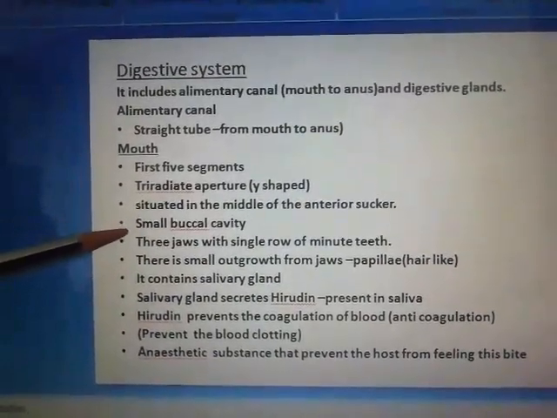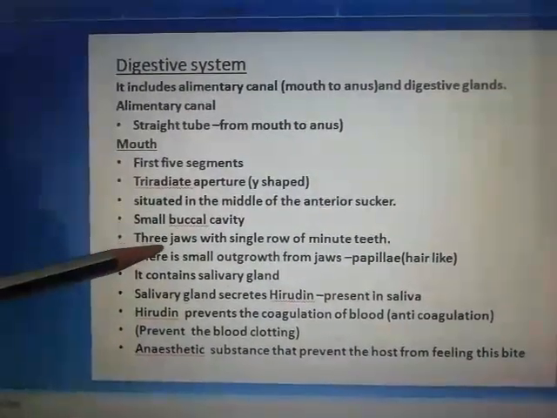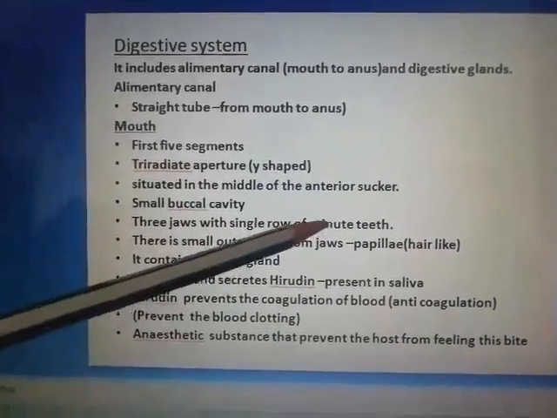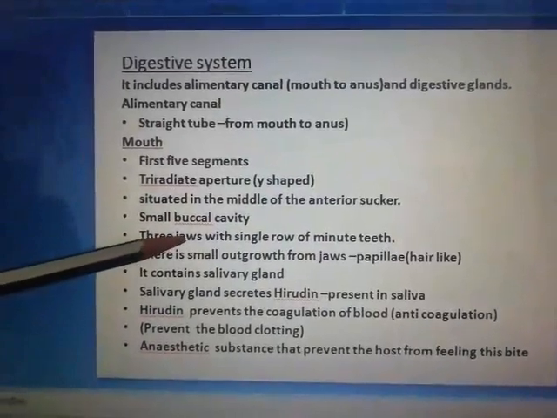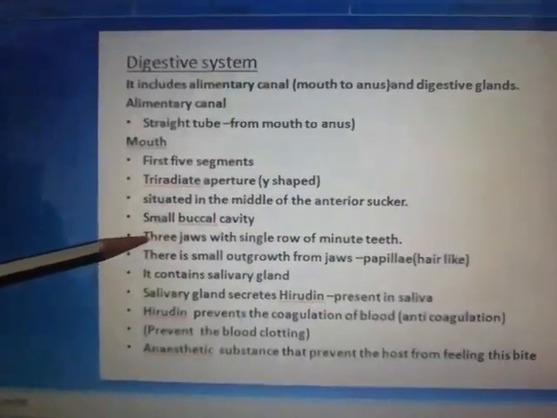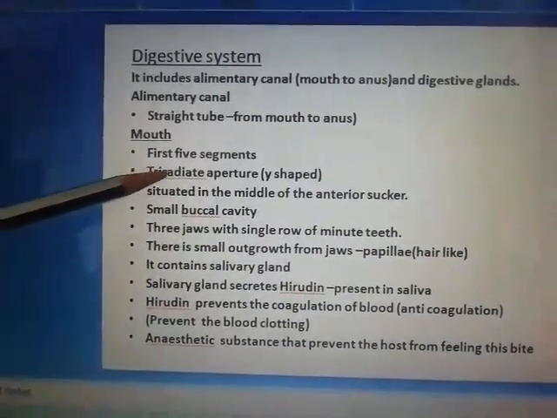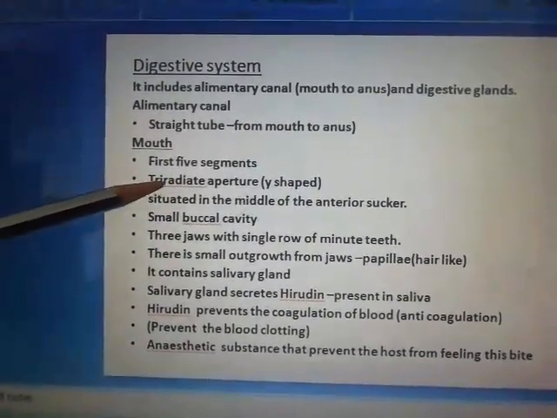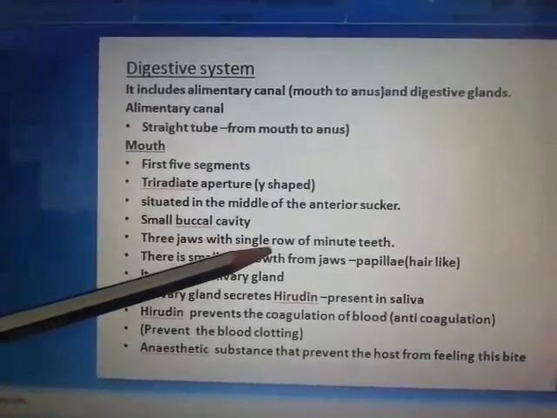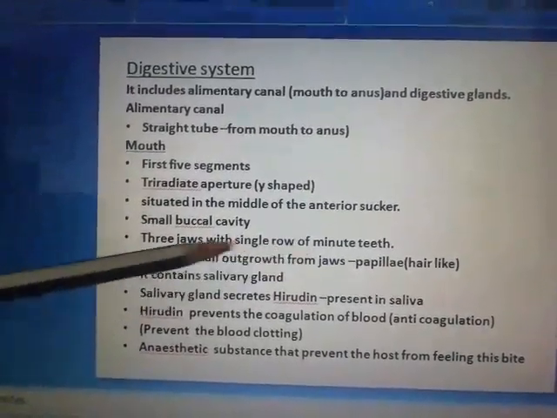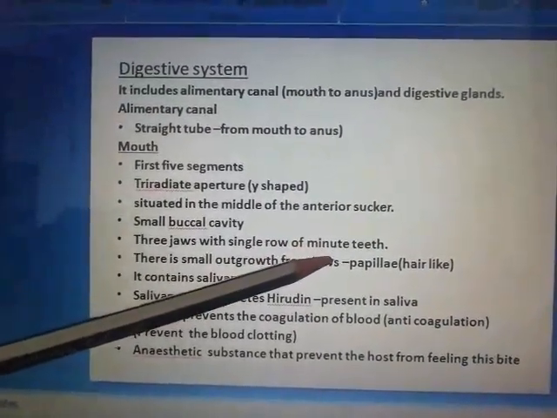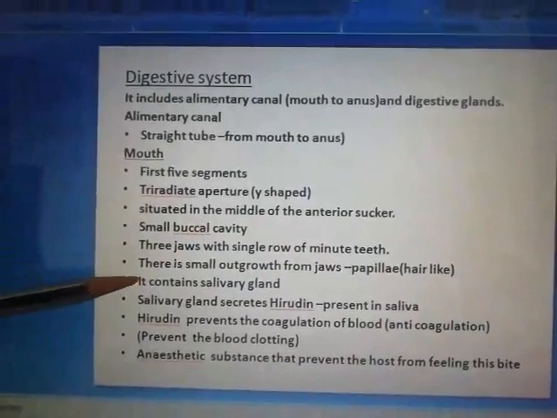In that buccal cavity there are 3 jaws with a single row of minute teeth, whereas for us there are 2 jaws, upper and lower jaws. That is why it is a triradiate aperture. Tri means 3. With the help of these minute teeth the leech sucks the blood from the host.